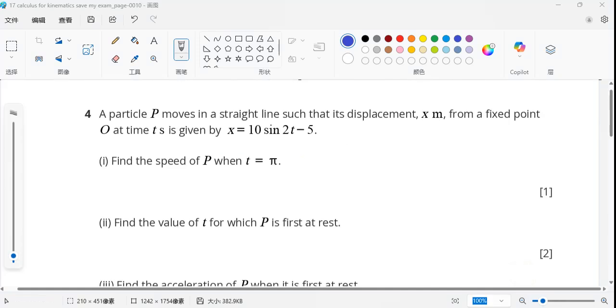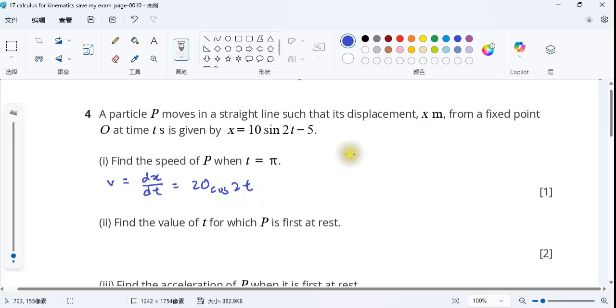Question number 4. Particle P moves in a straight line. Displacement is 10 sine 2t minus 5. Find the speed when t equal to pi. So we know that v is the first derivative. Then differentiate of sine will be cos.